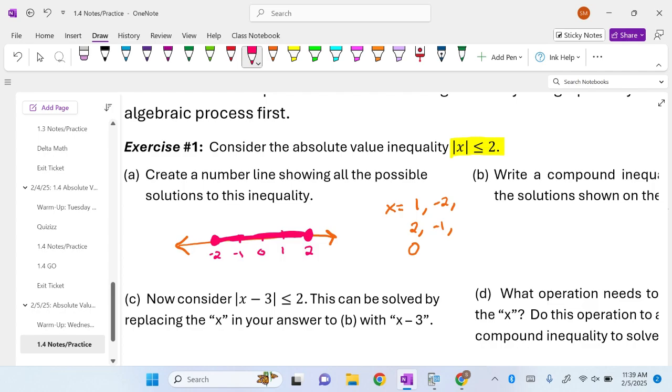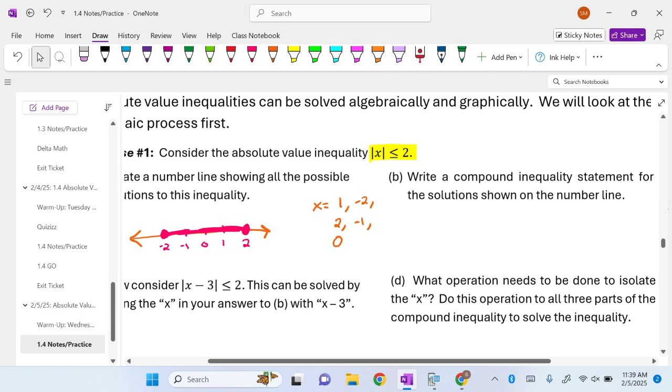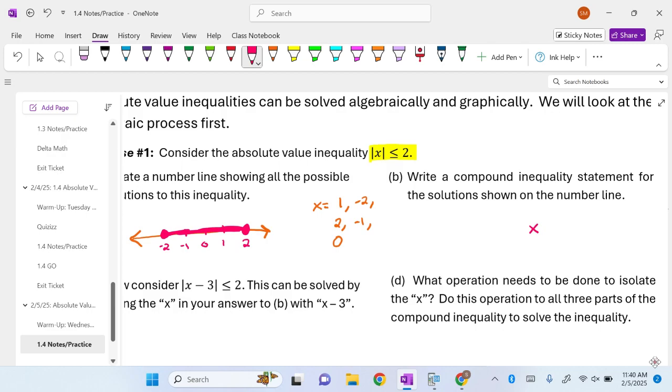So how do you think we would write our answer if we were solving this? How would we write a compound inequality to show what's going on here? By compound inequality, I mean we got x, and then there's less than, and you could write equal to signs if need be. We're basically stating what 2 numbers our solution set is between. Well, what 2 numbers is it between? -2 and 2.